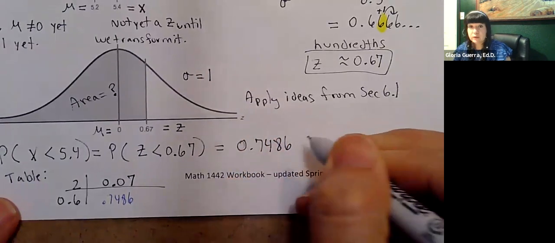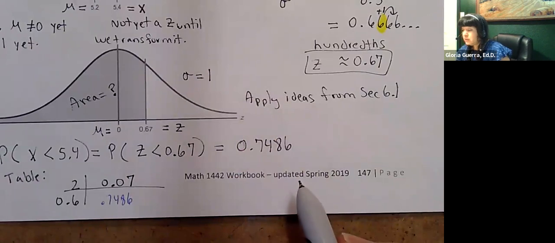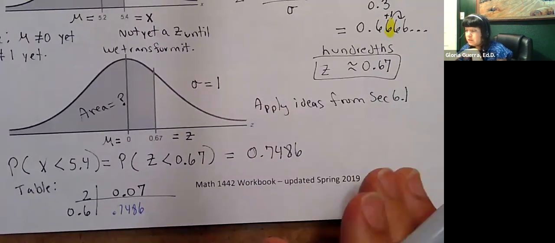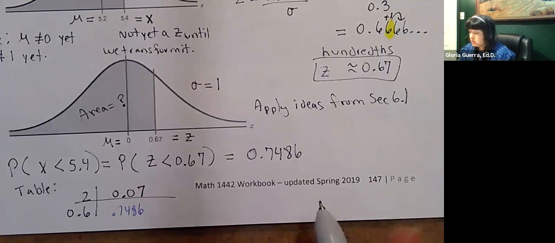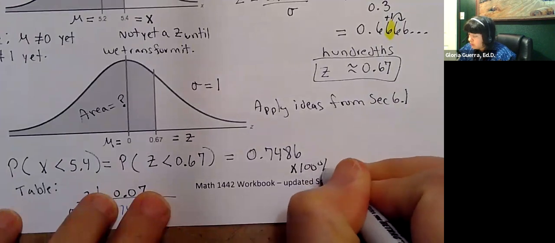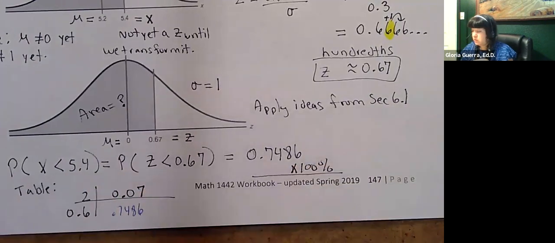0.7486. Now, the thing is that they did want the percentage. This is the probability, this is the area, but they did tell you to find the percentage. So percentage means you just have to take that answer and multiply it times 100%.